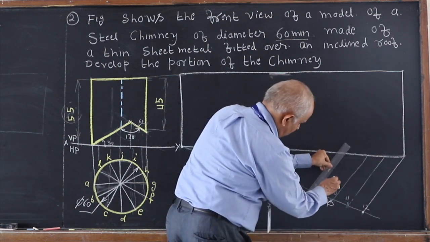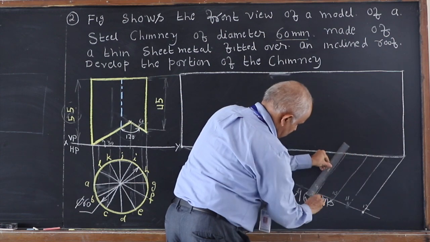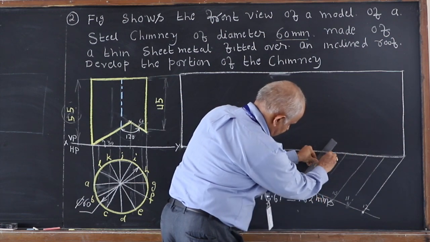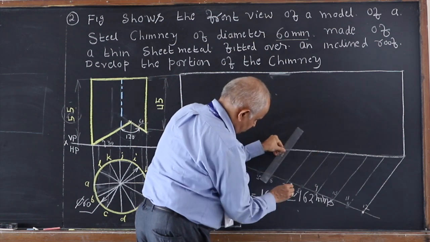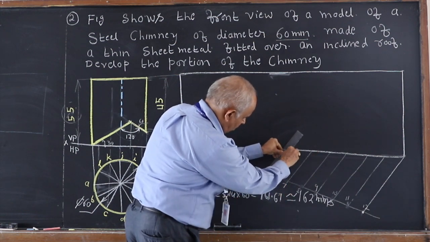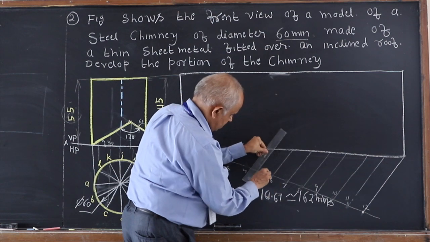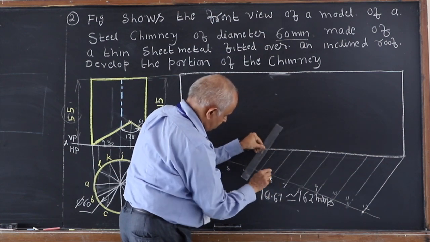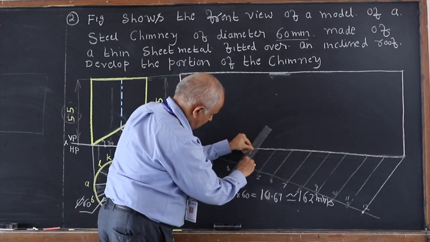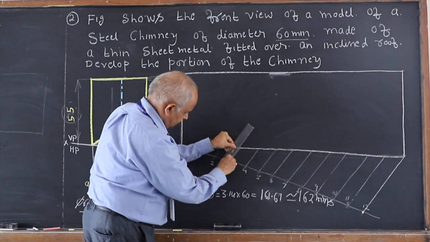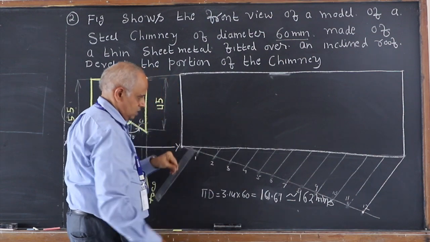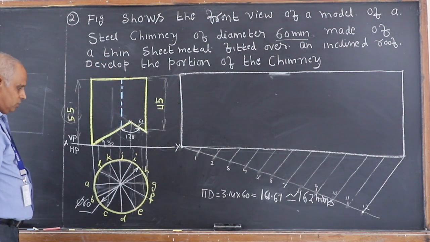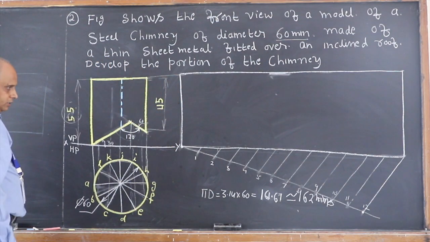You do it for all these points. Once you set your mini drafter to this position, clamp the pivot, automatically clamp the scale, you can easily draw this set of parallel lines. And that will give you the 12 generators.